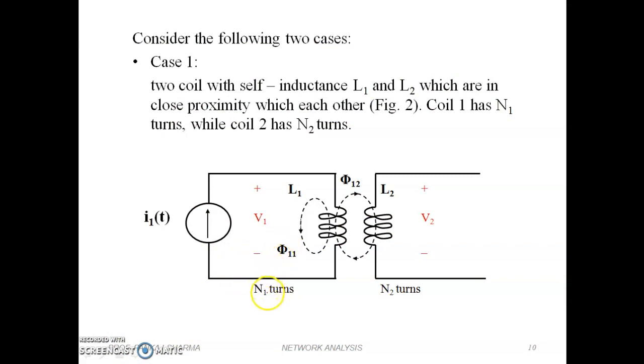Consider the following two cases. We are going to consider two cases to understand all this concept in depth. Case number 1: two coils with self-inductance L1 and L2, which are in close proximity, close neighborhood with each other. This is figure number 2 in this subsequent topic.